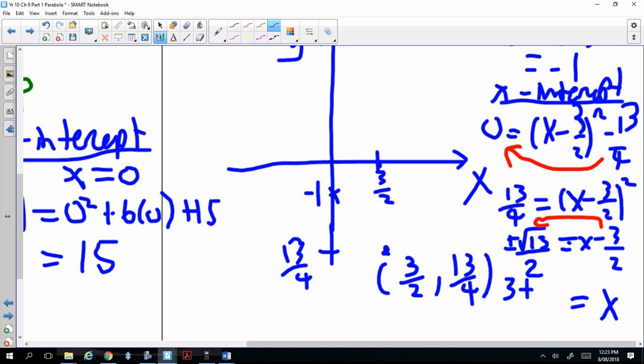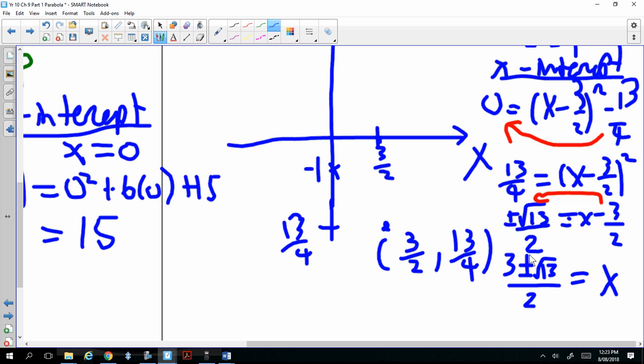So you get two roots. One of them is 3 plus root 13 over 2. The other one is 3 minus root 13 over 2. Let me fix this.